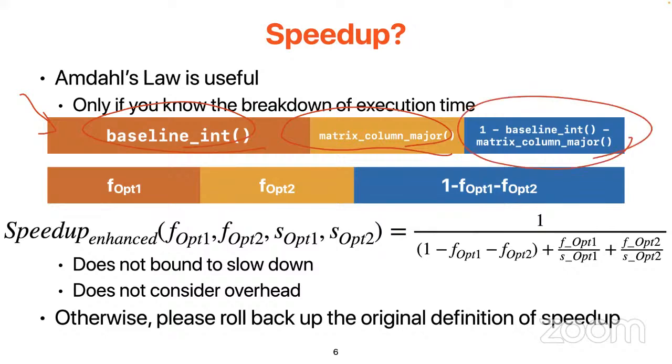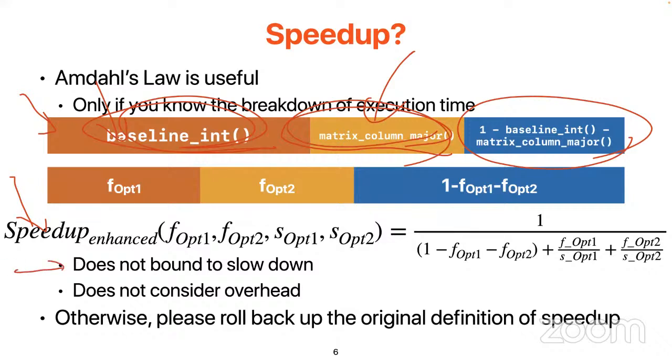And in the lab, some of the parts are trying to give you hints about how to evaluate the potential speedup of optimizing this and of optimizing that. After getting that, apply this equation. This is how you get the speedup from Amdahl's law. However, again, this is only useful if you know the breakdown of the execution time. If you have no information regarding this, it's also useless.